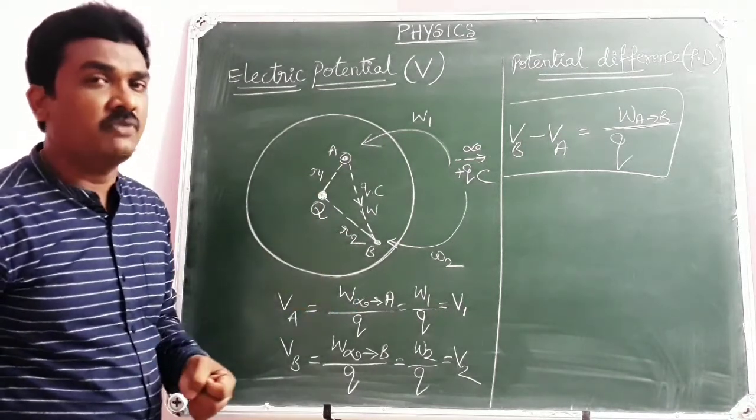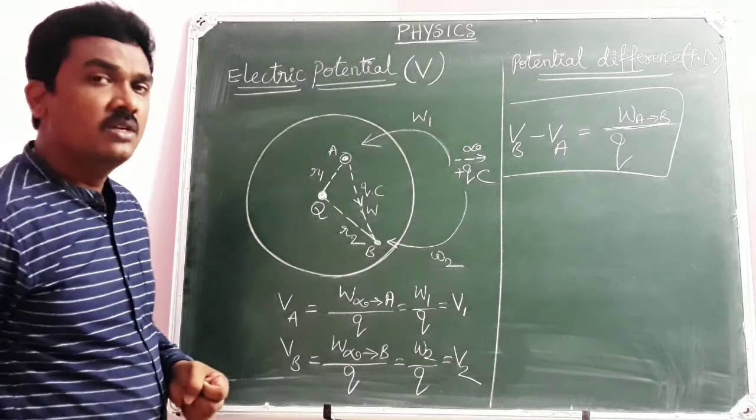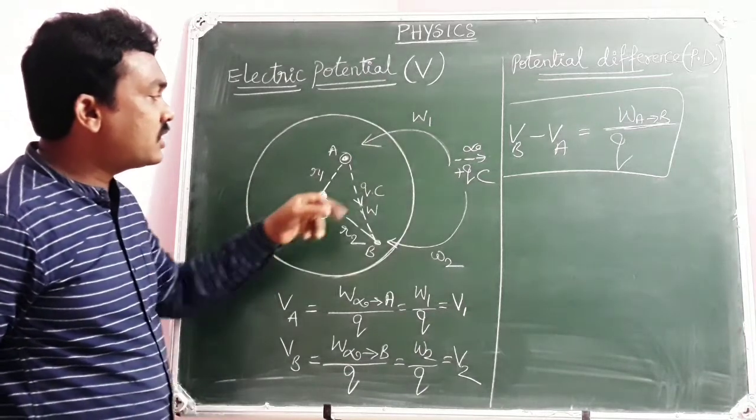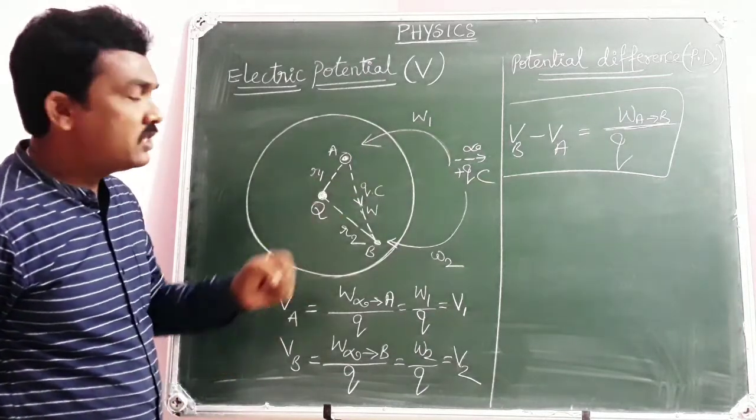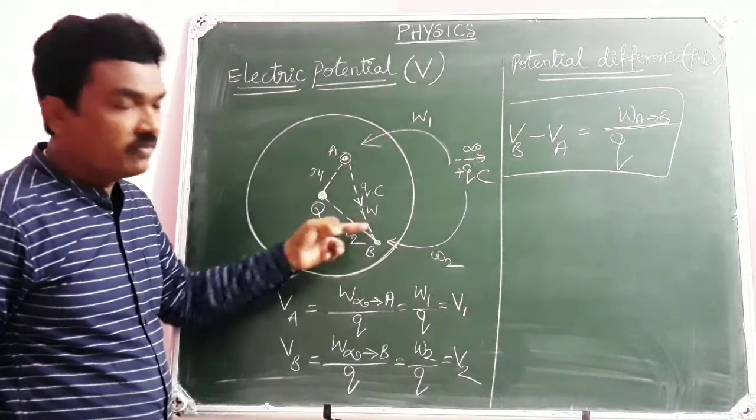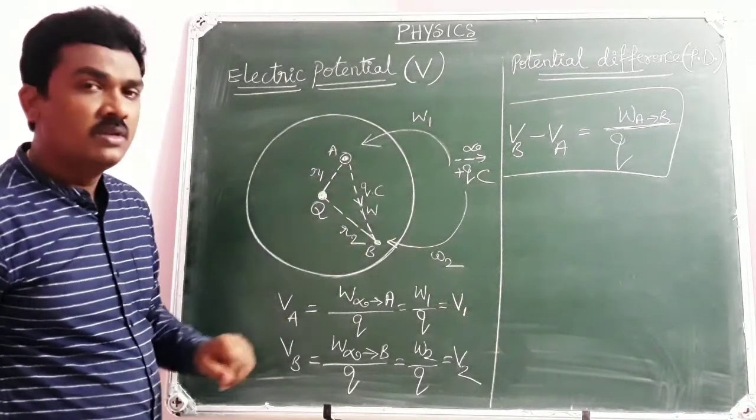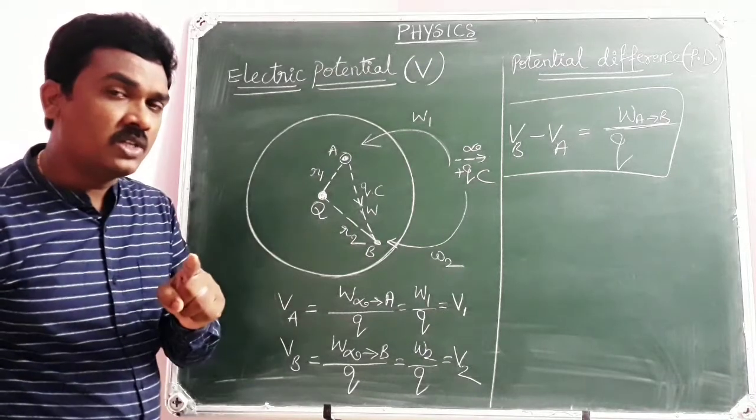In what way can it be defined? Here, if a test charge Q is displaced from A to B, then the work done is W. Then how much work is done per unit charge?